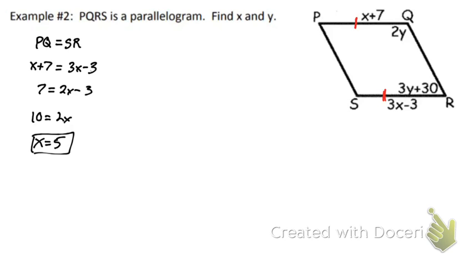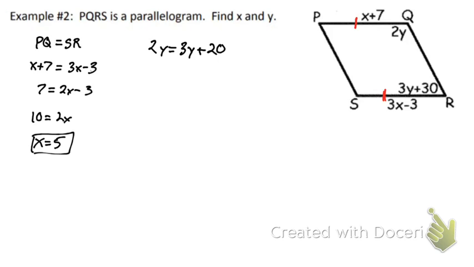All right, 2y and the 3y plus 30. So in this one, I'm just going to put 2y equals 3y plus 20, correct? Is that correct? Are they both equal to each other? Disagree, Davion?